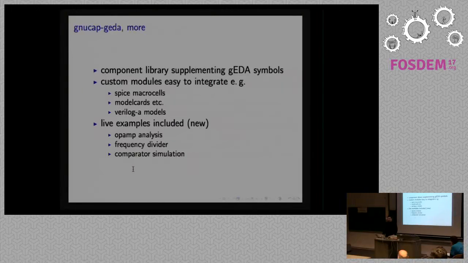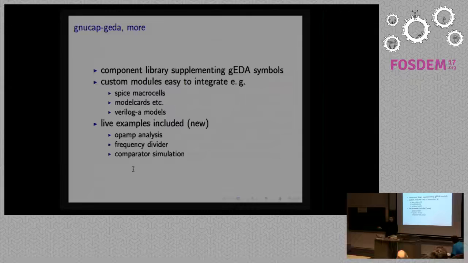And to get an easier grip on how to use that, last week I included some examples that you can run directly from the installed package to get an idea of how easy it is intended to work. I have an operational amplifier.